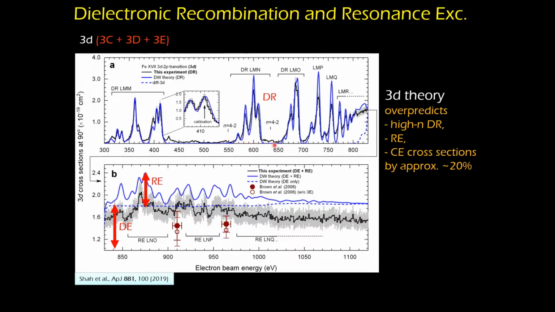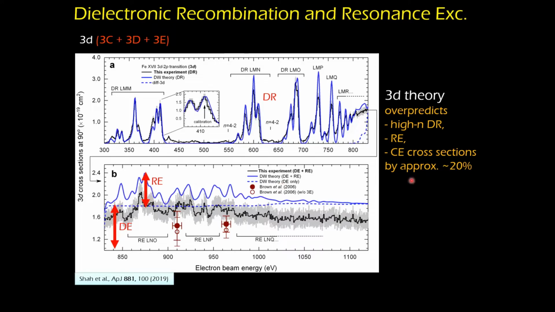We find kind of good agreement up to some point, and when you go to higher energy close to the direct excitation threshold, we start seeing huge disagreement for dielectronic recombination. This disagreement also continues here at the higher electron beam energy with the direct excitation and the resonant excitation.